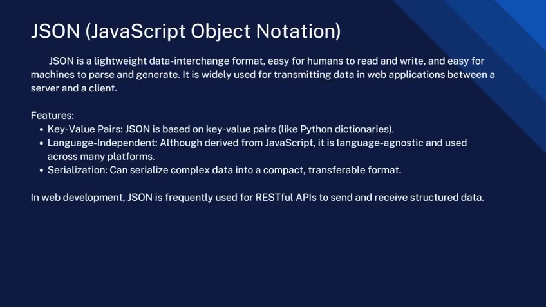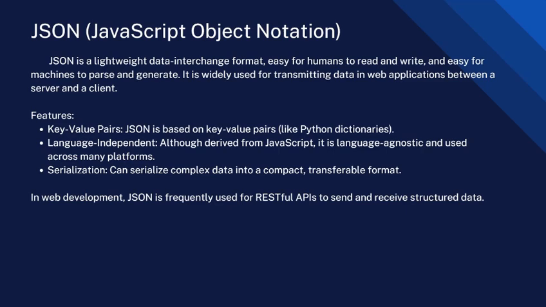Next is JSON, which stands for JavaScript Object Notation. JSON is a lightweight data interchange format, easy for humans to read and write, and easy for machines to parse and generate. It is widely used for transmitting data in web applications between a server and a client. Its features are key-value pairs.